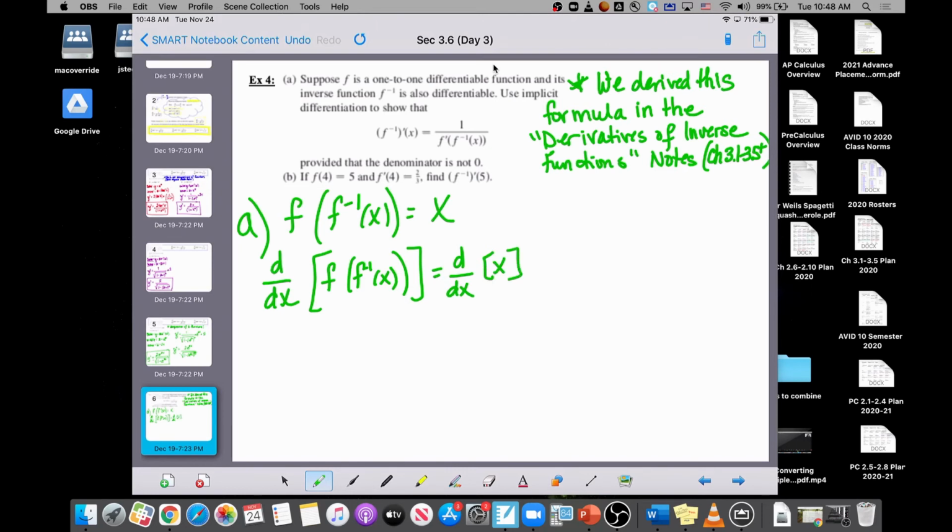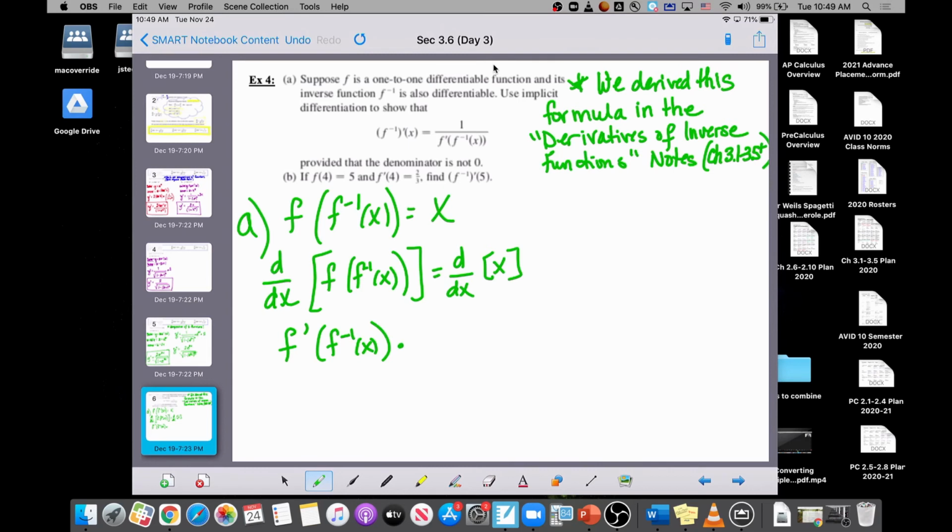Okay, so now on the left-hand side, keep in mind that I have a composition which requires chain rule, right? So we differentiate the outer function at the inner. So this is going to be f prime of f inverse of x, that's the derivative of the outer at the inner, times the derivative of the inner.